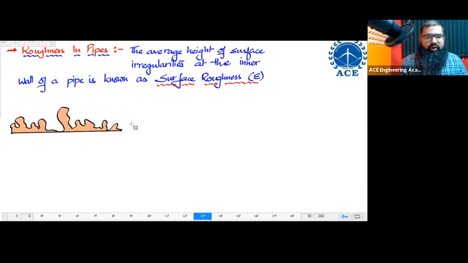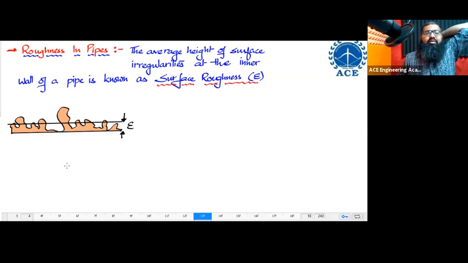This is the inner wall of the pipe. Now this is going to have some average height, is it not? This average height of irregularities is known as surface roughness, epsilon.